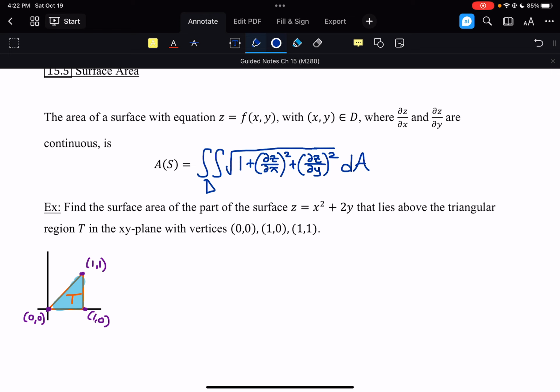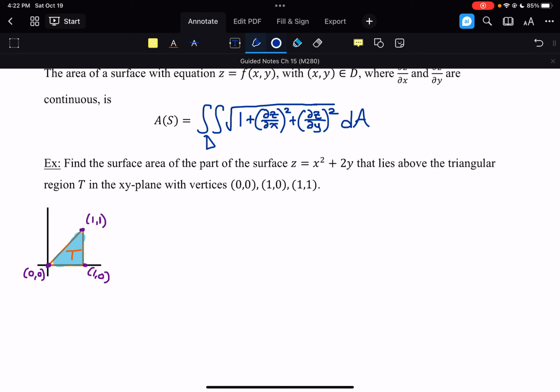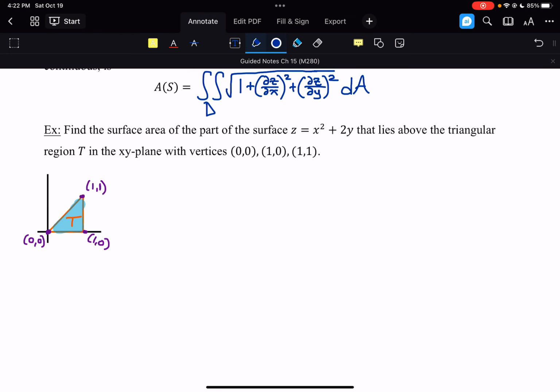So find the surface area of the part of the surface z equals x squared plus 2y that lies above the triangular region T in the xy plane with vertices (0, 0), (1, 0), and (1, 1). So our region T, as you can see, I've drawn it out over here.